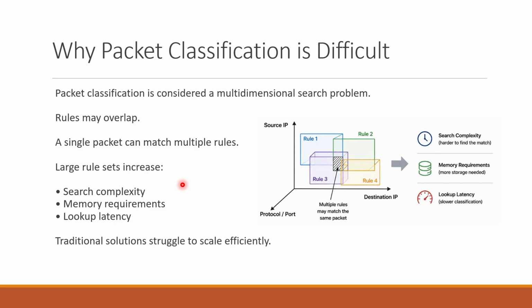On the other hand, if the number of rules increases, we need more memory and searching time also. That leads the traditional methods to not work correctly with a large rule set, which led researchers to develop new solutions like HiCuts technology for packet classification.